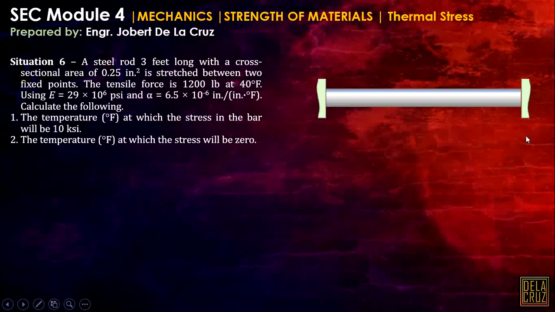So, ito yon, naka-fix sila. The tensile force is 1,200 pounds at 40 degrees Fahrenheit. So, we have the Young's modulus of elasticity here and the alpha. Okay? Nakalimutan ko yung term, ano yung alpha. Basta, alpha. Ayun. And you can see in the units dyan. Okay? It depends on the temperature.